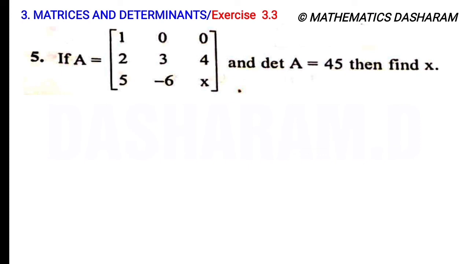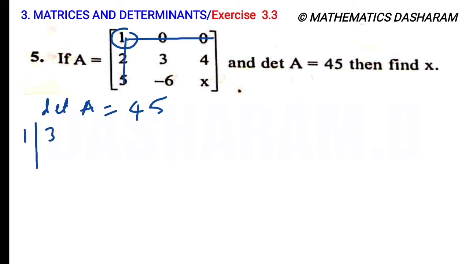So first of all, determinant of A equals 45. So determinant means here the first element is 1. So mod, cancel the row and column: 3, 4, minus 6 x. Next, the second element is 0, so minus 0 into mod.